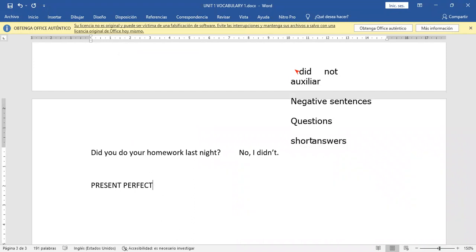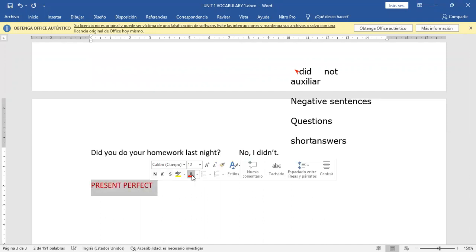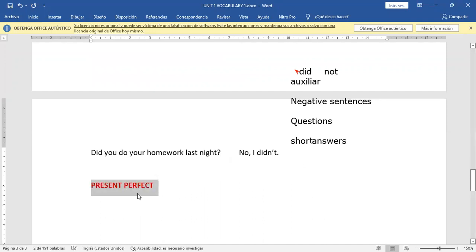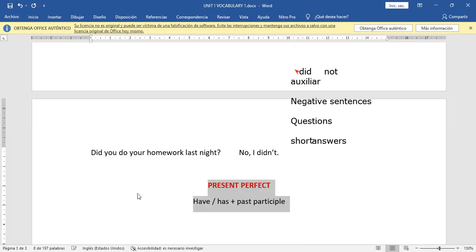For present perfect, we need the auxiliary have or has plus past participle.